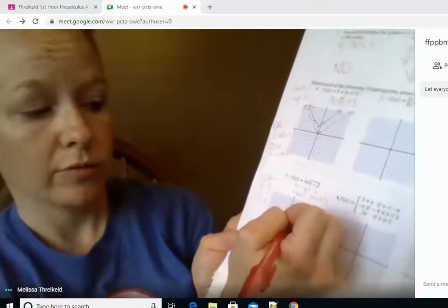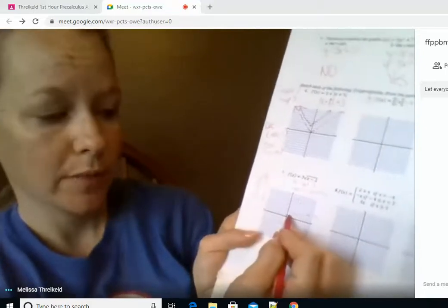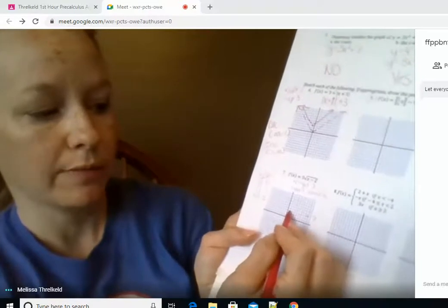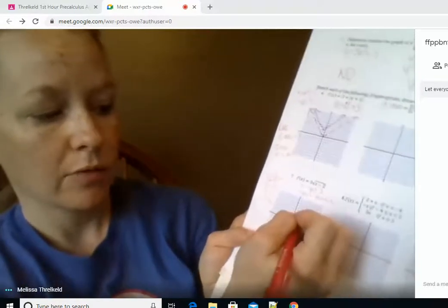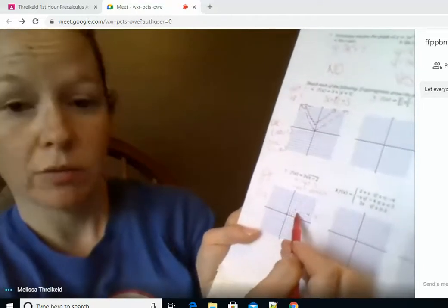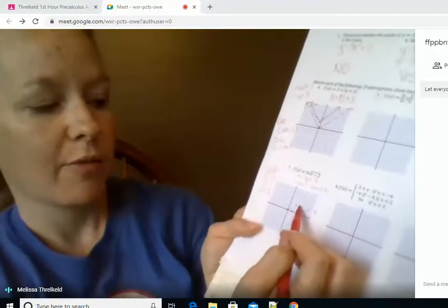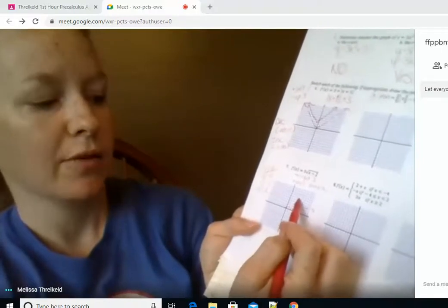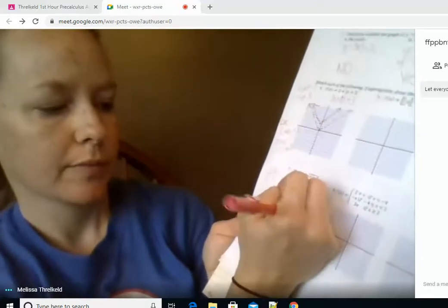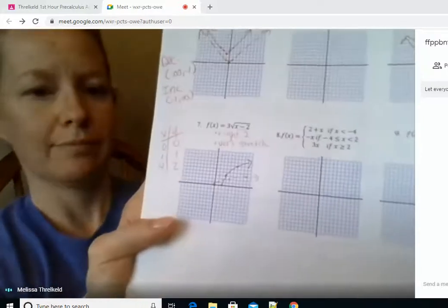And then you go right 2. 1, 1. My y value is 1. If I multiply that by 3, it goes up to 3. And then right 2. We have 4, 2. Y value is 2. Multiply that by 3, and we get a 6. And then right 2. So your graph looks something like that.